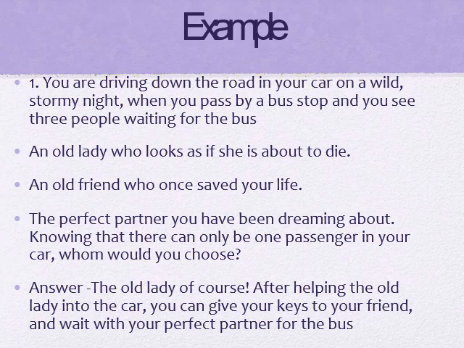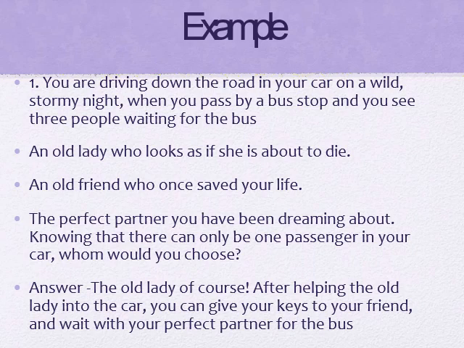So, for example, you're driving down the road in your car on a wild, stormy night, and you pass by a bus stop and you see three people waiting for the bus. One, an old lady who looks as if she's about to die. Two, an old friend who once saved your life. Three, the perfect partner you've been dreaming about. Knowing that there can be only one passenger in your car, whom would you choose?